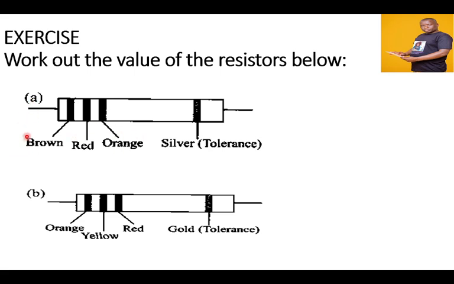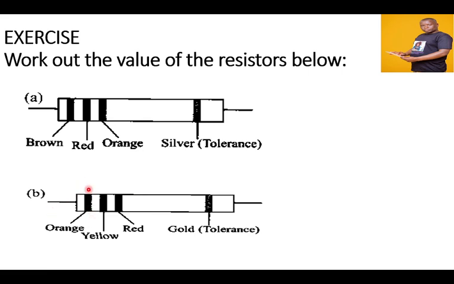So we have a resistor that has brown, red, orange as the first colors. Then at the end, you have a tolerance of silver. So you go to the chart, check what value is represented by silver and what value is represented by brown, red, and orange. And then you compute the resistance of such a resistor.